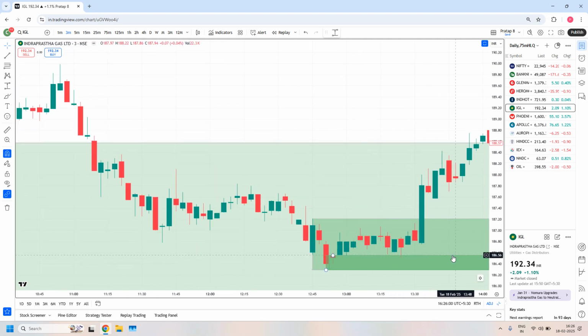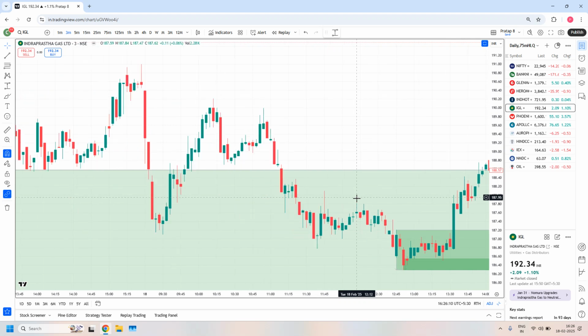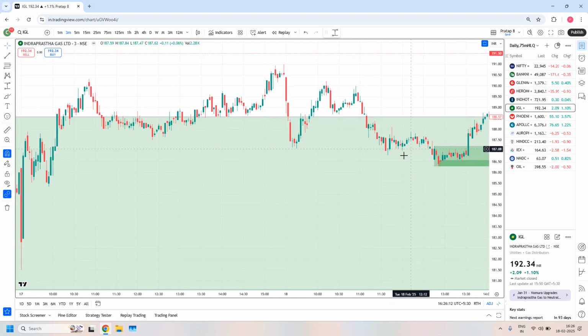Nothing wrong if you take it; anyway it is a 3-minute zone, so risk is small. Nothing wrong if you really want to take a little, when there are no other trades for you. At that time you can consider a trade in this zone. This is from a future point of view.